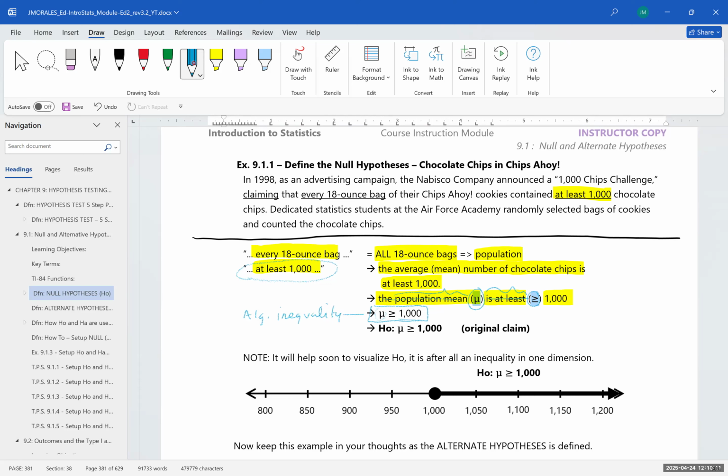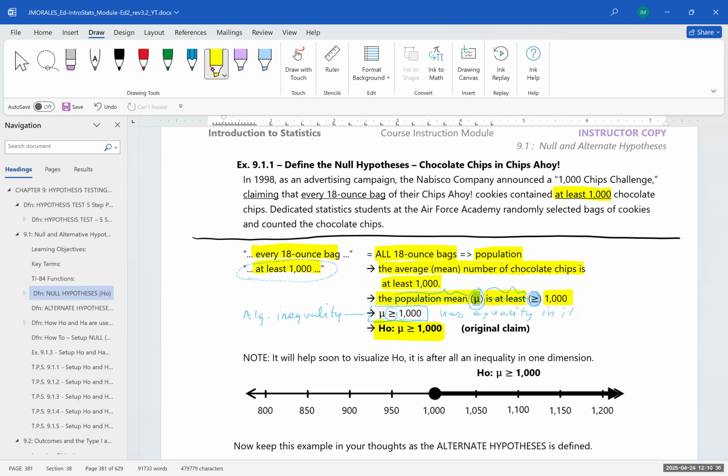Okay. And this algebraic inequality has an equality in it, right? Because it's greater than or equal to. And so because this is greater than or equal to, that is going to be our null hypothesis.